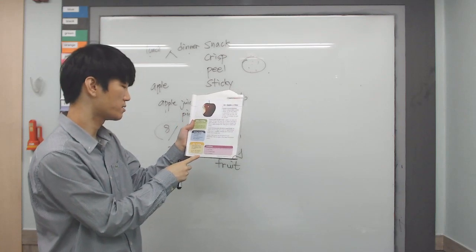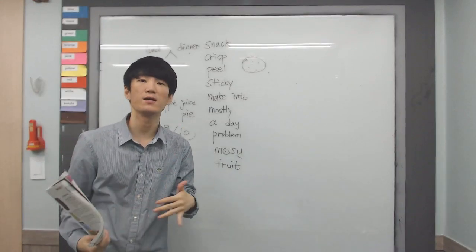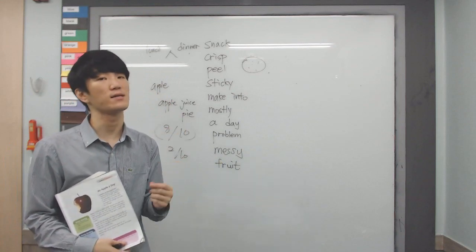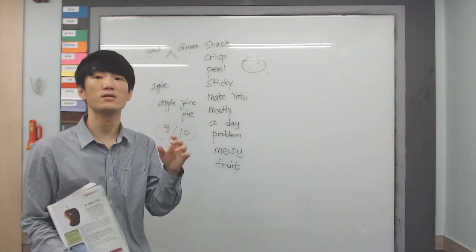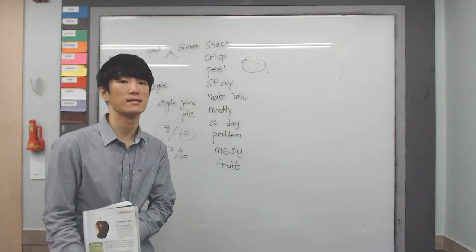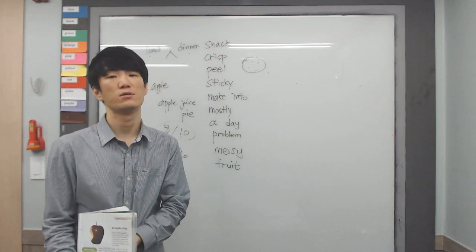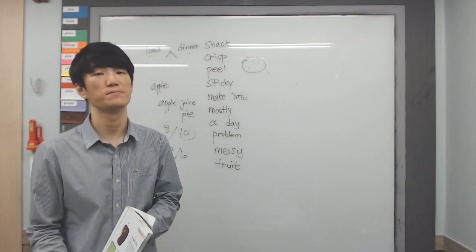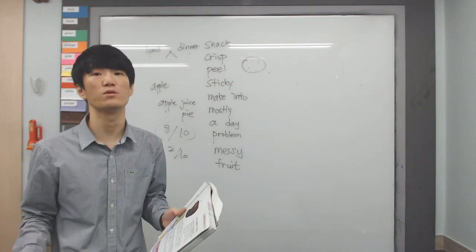Why or why not? I like apples because whenever I am biting it, it feels really crispy and really sweet and juicy. So how about you? You might like apple or you might not like apple. It depends on the people.